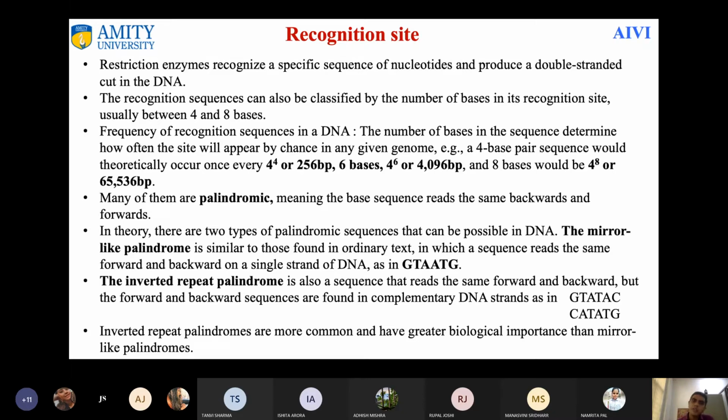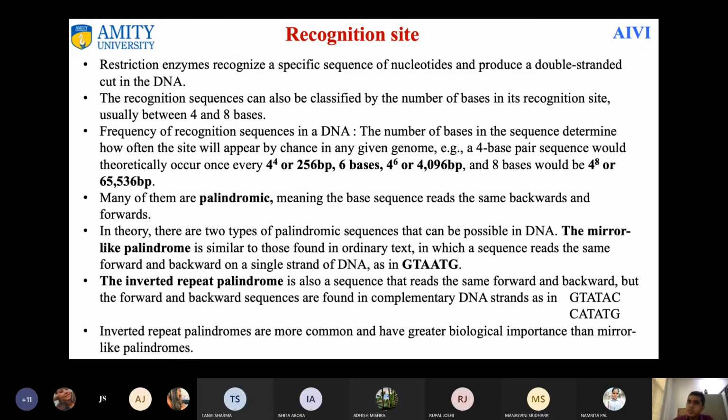Now another possibility: if a 5 base pair sequence is recognized, then it is 4 raised to power 5. If you say 6, then it is 4 raised to power 6, which is equal to 4096 base pair.